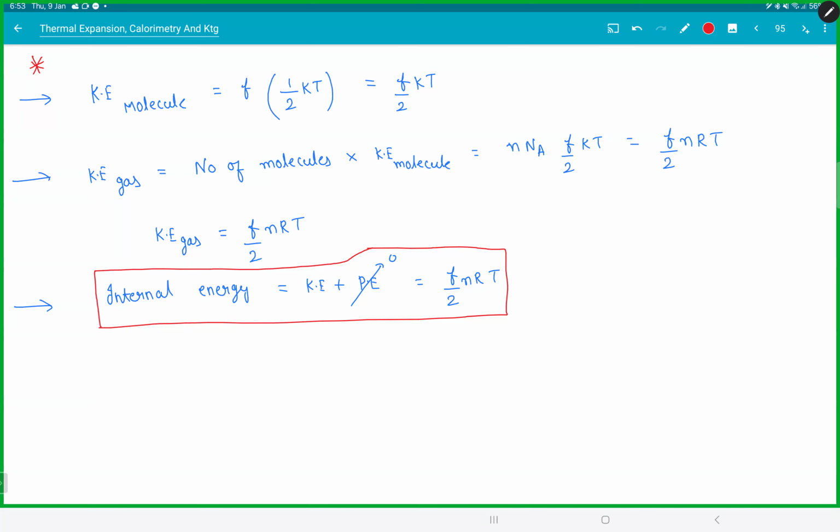Clear? Now, let's see what this F value is.